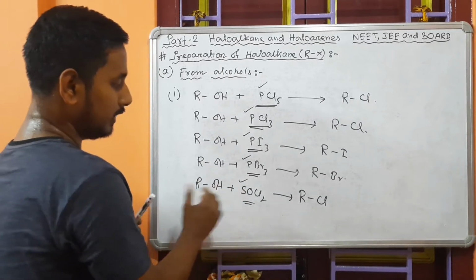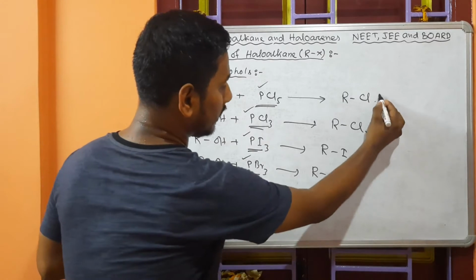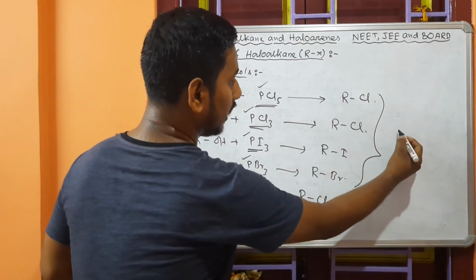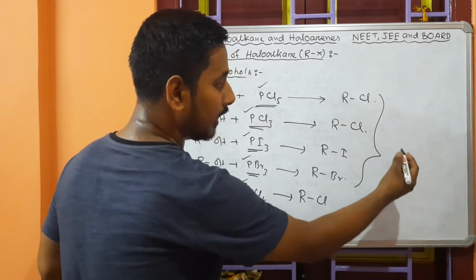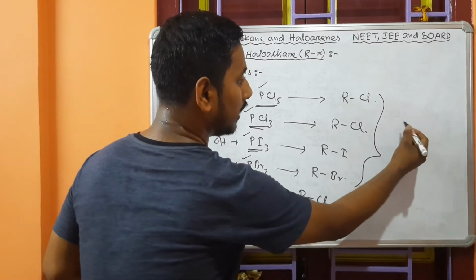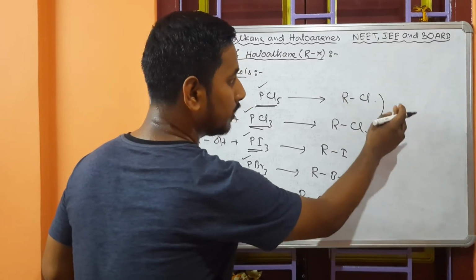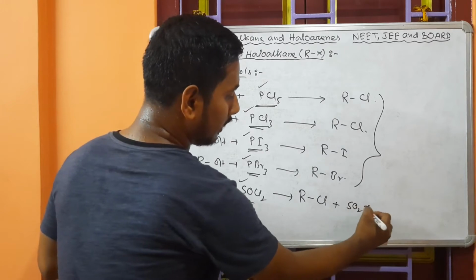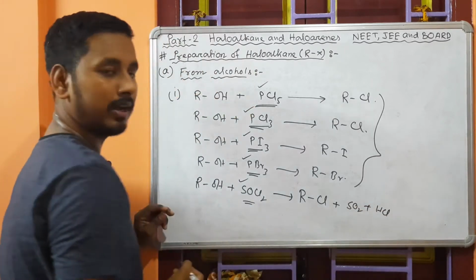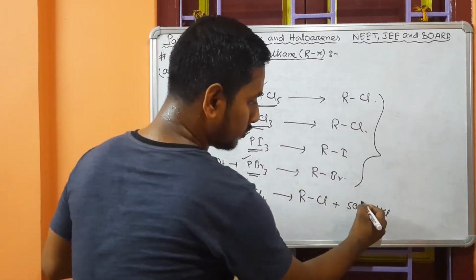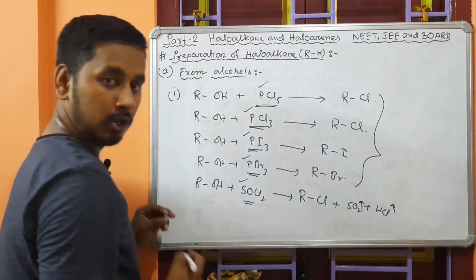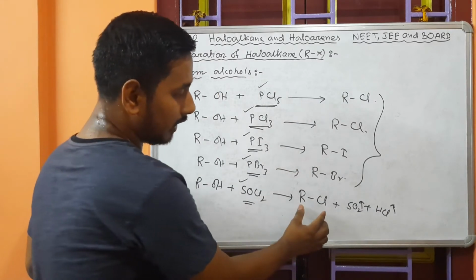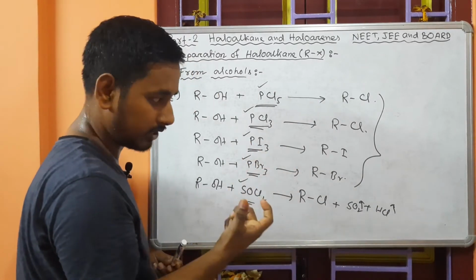Because the byproducts formed in these other processes are not gases, they are liquids, or they are miscible in the solution. But here the byproducts are SO2 and HCl, and SO2 is a gas and HCl is also a gas. So when SO2 and HCl are removed from the reaction, you get RCl only as product.